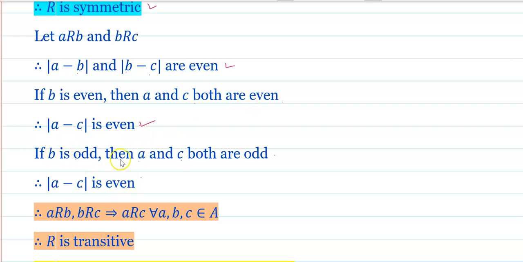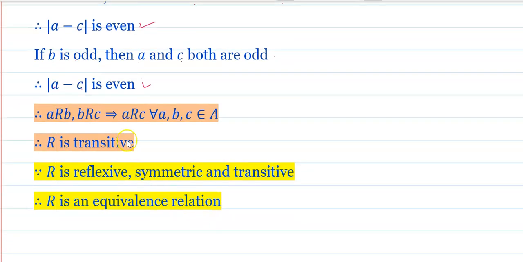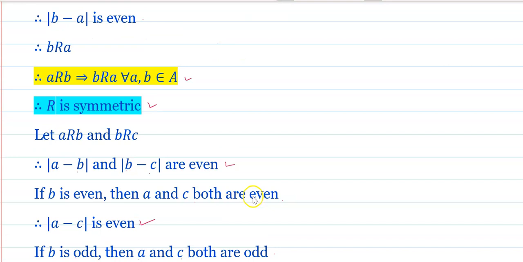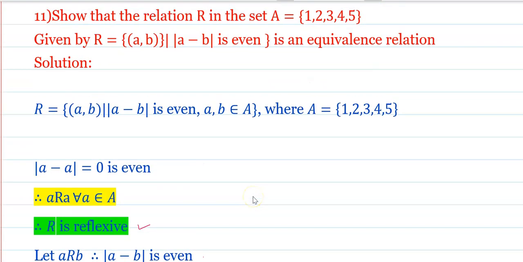If b is odd, a and c both are odd and therefore a minus c is even. And hence aRb, bRc implies that aRc for every a, b, c belongs to A and therefore R is transitive, and hence R is reflexive, symmetric and transitive, and hence R is an equivalence relation. You can see.